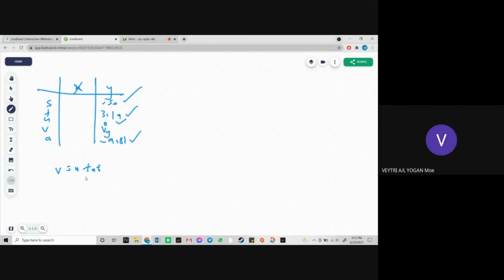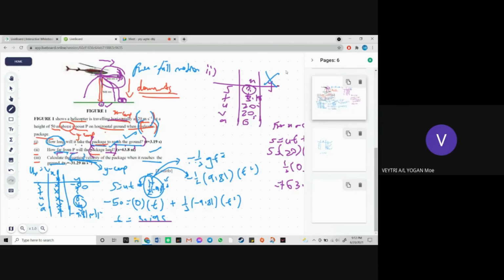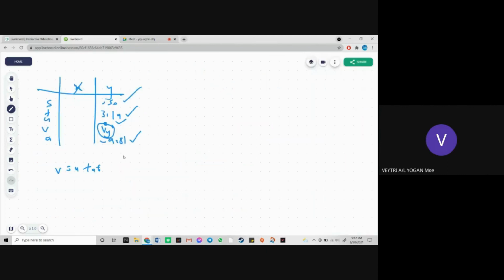Now, let's move on. V untuk Y component, you have to find. Why? Sebab soalan suruh cari vertical velocity. When it reaches the ground. Maksudnya apa? Final velocity lah kan. Takkan dekat atas tu is final velocity. Jadi, initial dekat mana? Common logic. Atas tu initial, bawah final. Now, initial velocity kosong. Sebab dia dekat atas. Dekat helikopter tu.